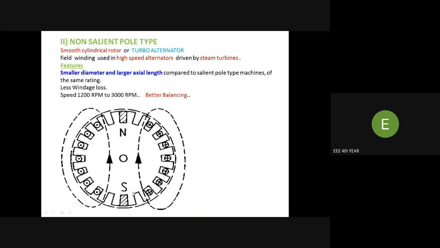The maximum speed is 3000 rpm, the minimum speed is 1200 rpm, and it also provides better balancing compared to salient pole construction. Noiseless operation also. Flux distribution is nearly sine waveform because an equal air gap is formed between the stator and rotor, so the flux distribution is nearly sinusoidal.